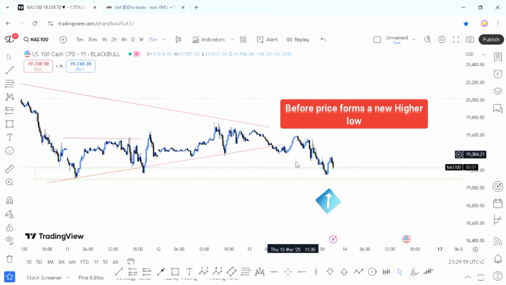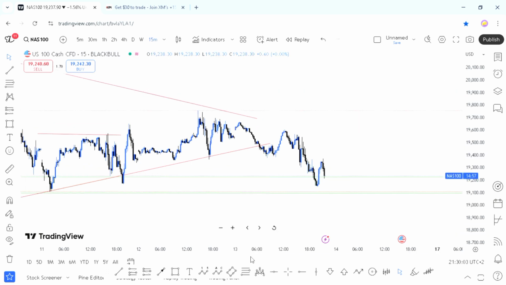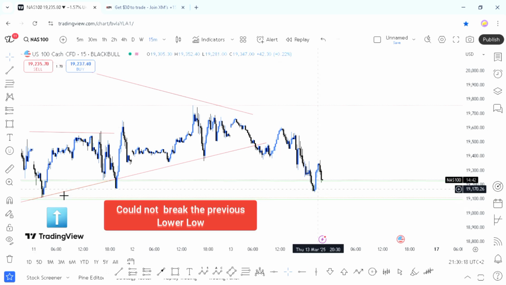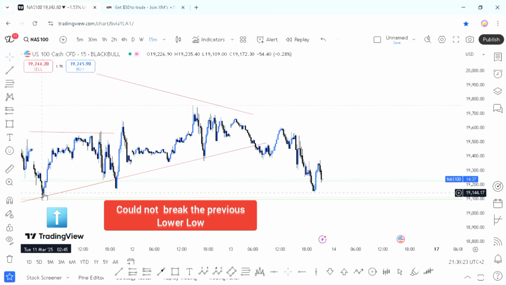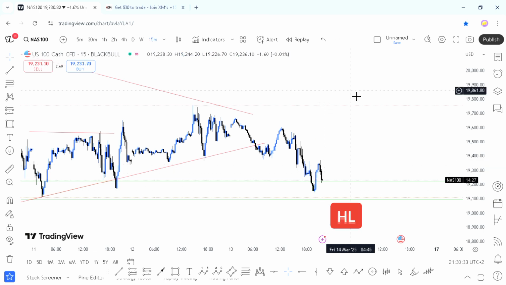And look what the market is doing. Before we created that, we couldn't actually break our previous lower low. And when we couldn't break our previous lower low, what price is trying to tell us is that we're going to be creating a new higher low.